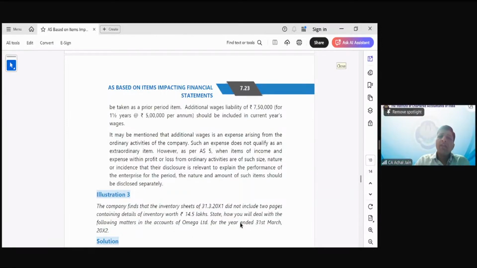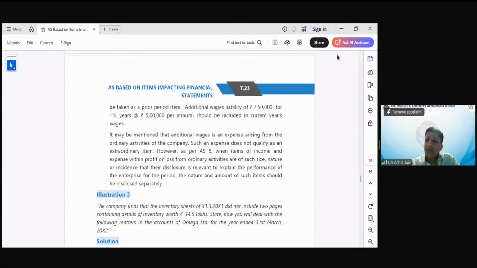Okay, great. Now see, clearly I think it's given in the question that while calculating the value of inventory, there was a miss on the part of the accountant. Yeah, it's unintentional, but it's a miss. So if it's a miss, what do you call it as? Error. So when did this error take place? In the previous year. So will that be required to be rectified?